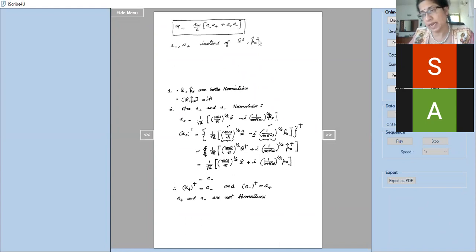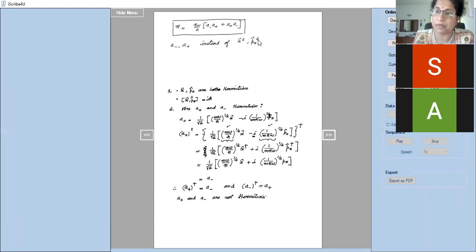Now, what is the second thing that we're going to do? The first thing, we have proved that these are not Hermitian operators. Now the next thing, which is very important: I've told you commutation relations are extremely important. You will find later on that we define certain things from their commutation relation. We will say this is such a thing because it follows these commutation laws.